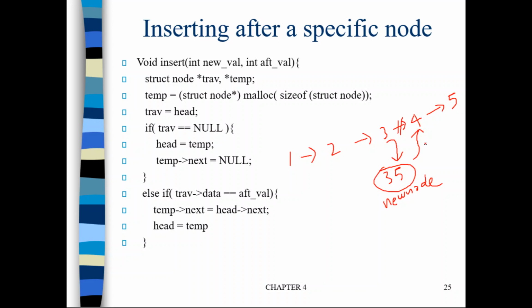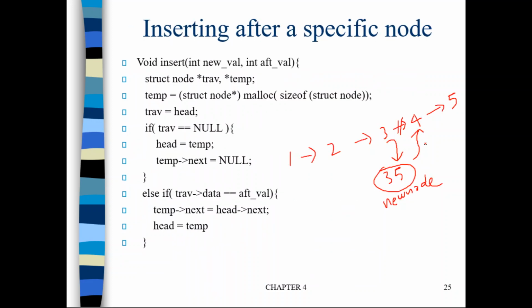But there are a few other things which you should observe here. The first thing is, what if the user is trying to insert when there is no node in the list? Assume that the linked list is empty. Normally when the linked list is empty, you should add nodes by using add nodes.